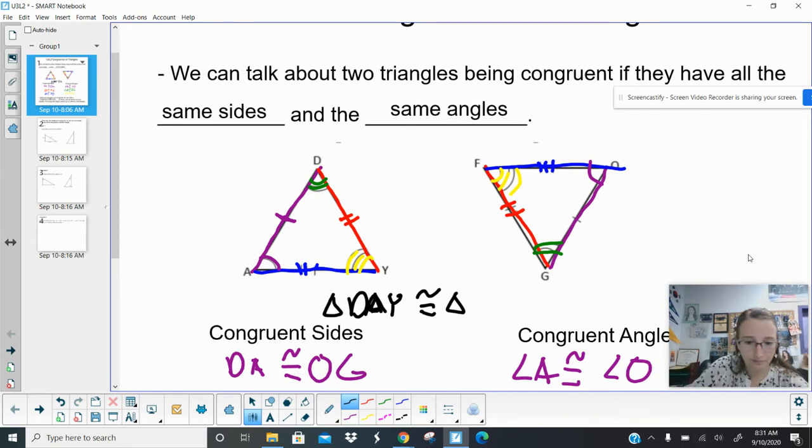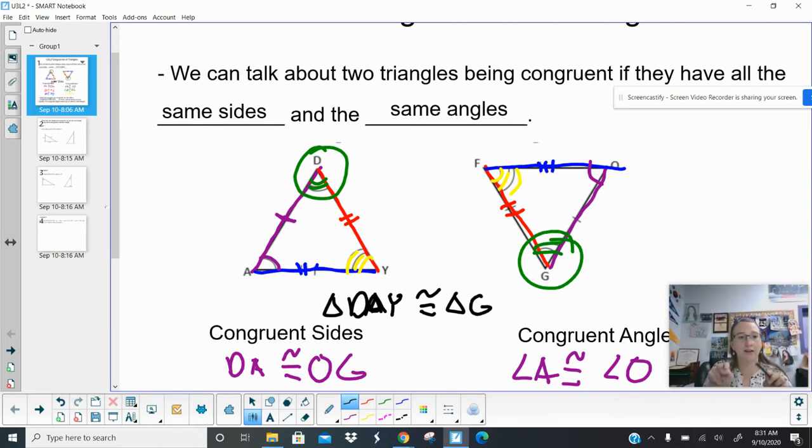So let's look. I chose D first. That was 2 markings. So I have to put G first. We have to be able to look at a congruent statement, and you'll see why later. The congruent statement tells us which angles are congruent to which, and also which sides as well. It helps us with that too. So I put A next.